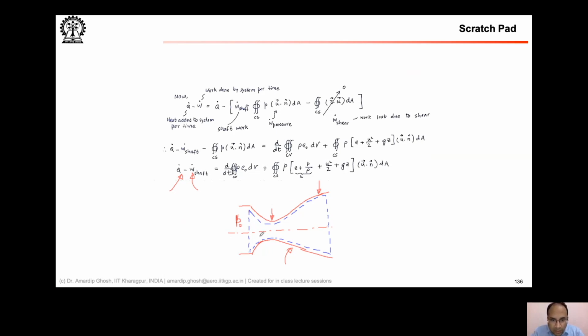So in this case, for example, there is no compressor or turbine inside a nozzle, so there is no Q dot, no heat addition, no W dot, no shaft work.